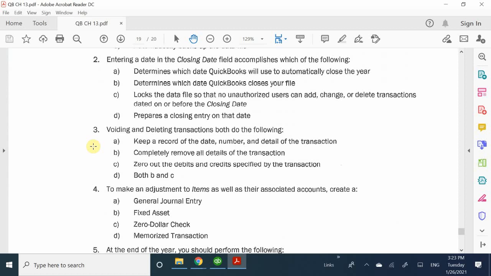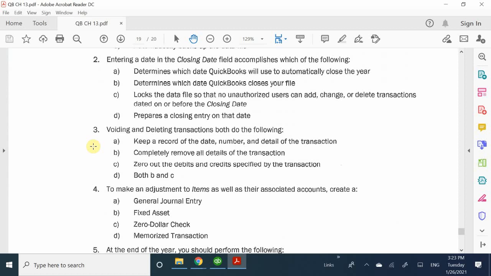So A, keep a record of the date, number, and the details of the transaction? That's voiding. Correct. They take it, but not both. Exactly. That was a tricky one.